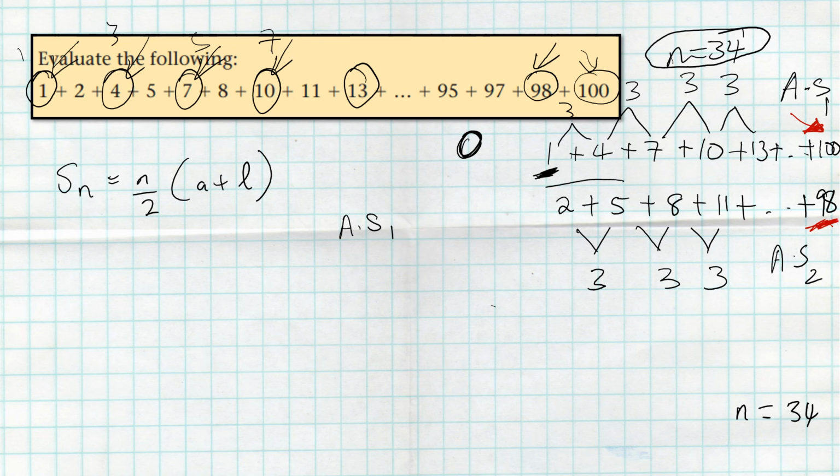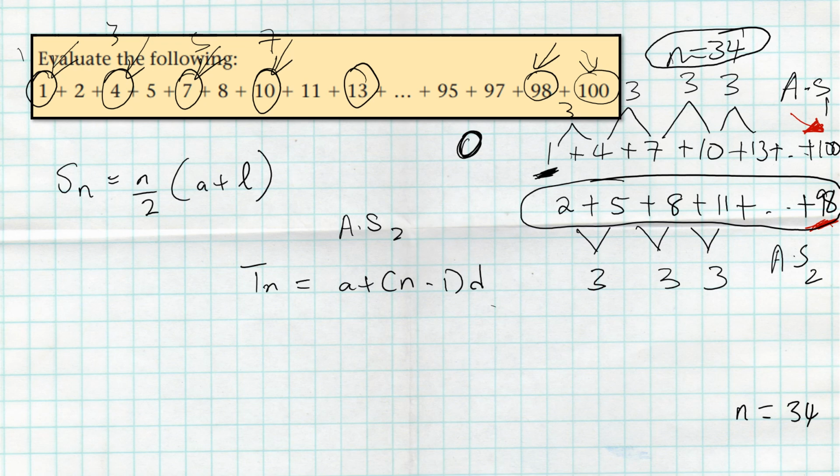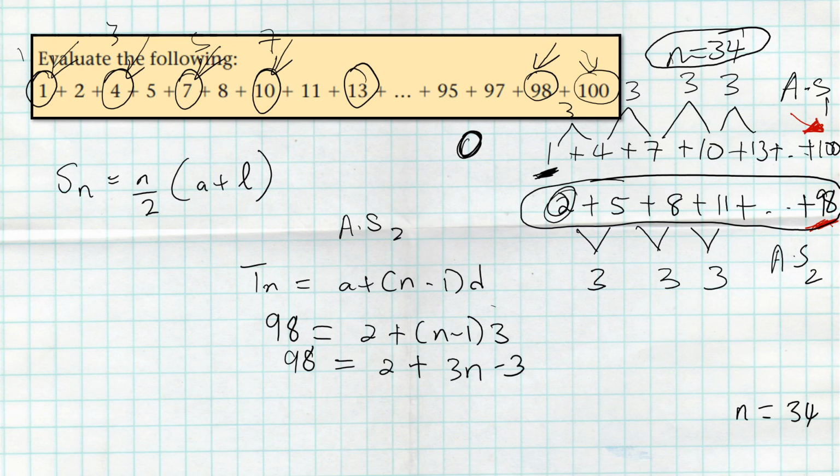Let's check on arithmetic sequence 2, how many terms there are. So we have to determine our general formula, equate it and solve for n. So our Tn, I'm going to put 98 because we need to know how many terms there are, equals a plus n minus 1 times d. Our common difference is 3, and our a here is 2. That's why it's very important to separate them. 98 equals 2 plus 3n minus 3.